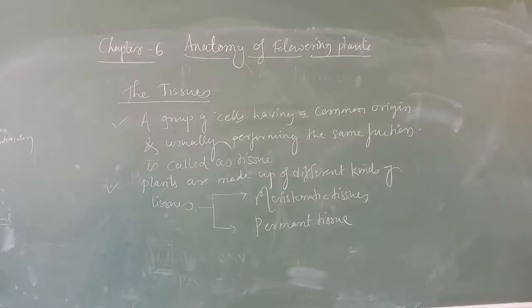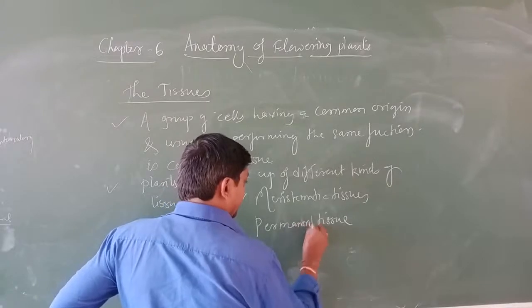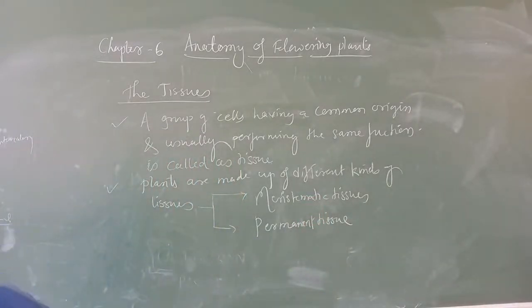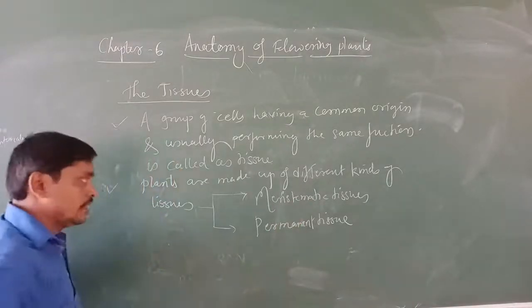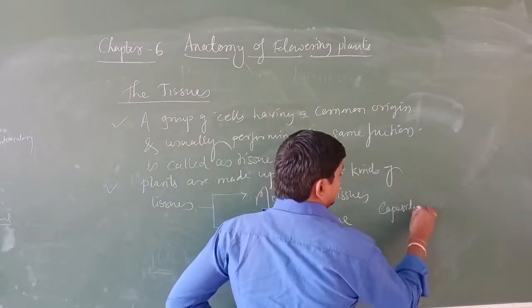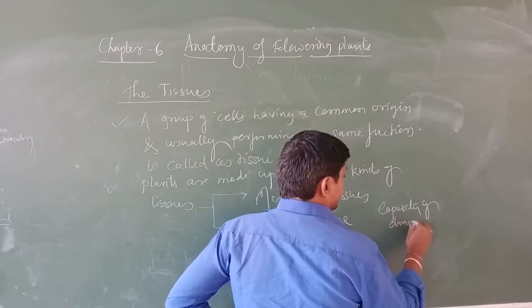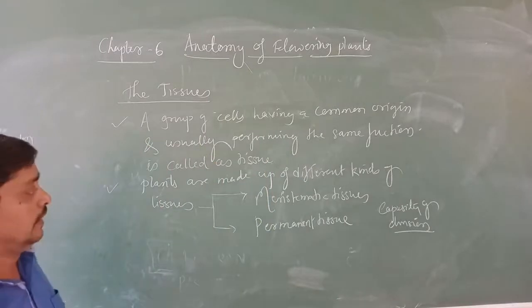The two kinds of tissues: M-E-R-I-S-T-E-M-A-T-I-C, meristematic tissue; P-E-R-M-A-N-E-N-T, permanent tissue. Okay? And how are these two kinds of tissues classified? Based upon the capacity of division, whether they are going to divide or they are going to stop the division.